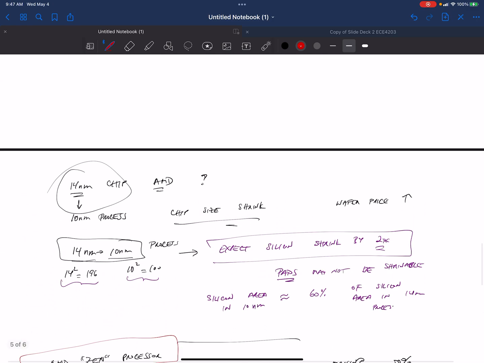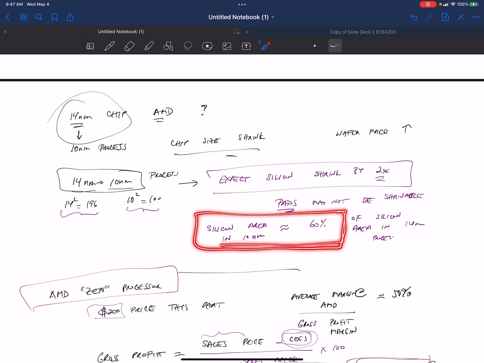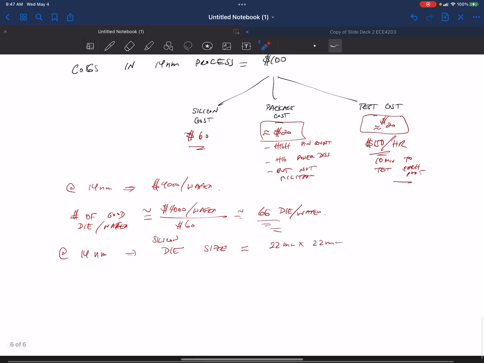I made the assumption that the area of my 10 nanometer design, if I did that design port, was going to be 60% of whatever I have with this.